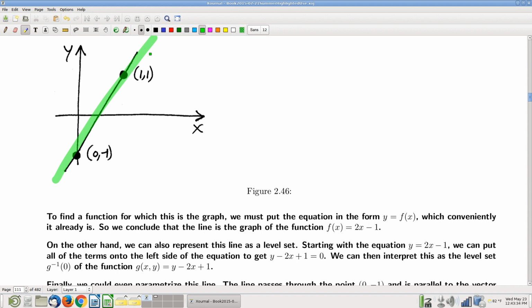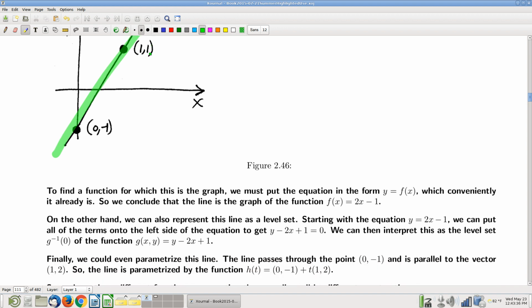And note, these three functions that we found are very different. These are three functions that, casually speaking, you might be like, oh yeah, each of these three functions in its own way describes that line. And that's true. But you just can't use these functions interchangeably. If you're using this function here to understand that line, you have to understand that line as being the graph, not level sets.